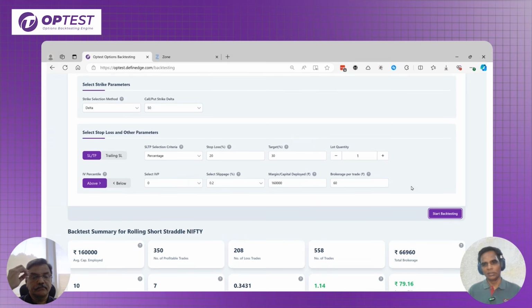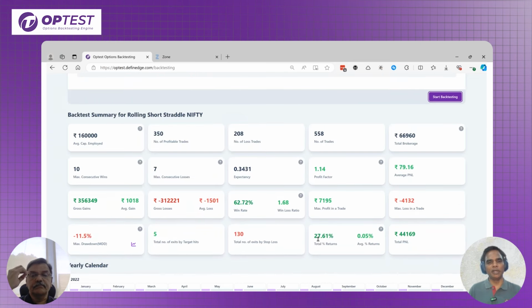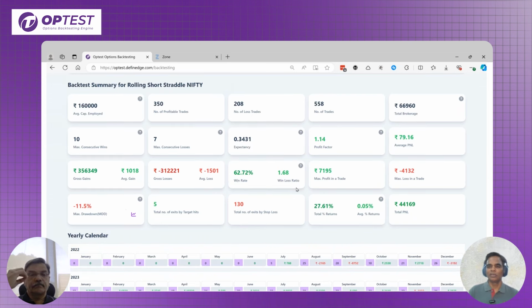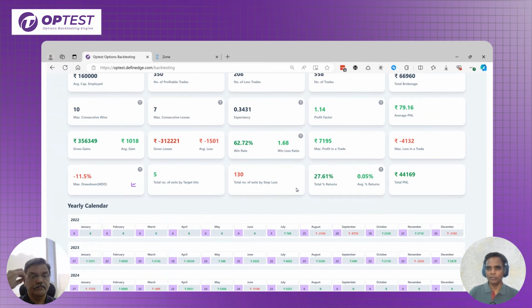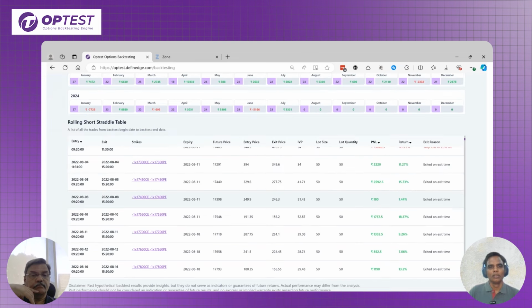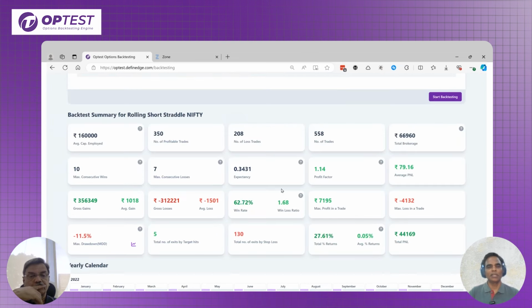And if it works, then maybe you can deploy it at scale. For example, this one has better returns, and expectancy is also very good. So go and check and see what works for you the best.